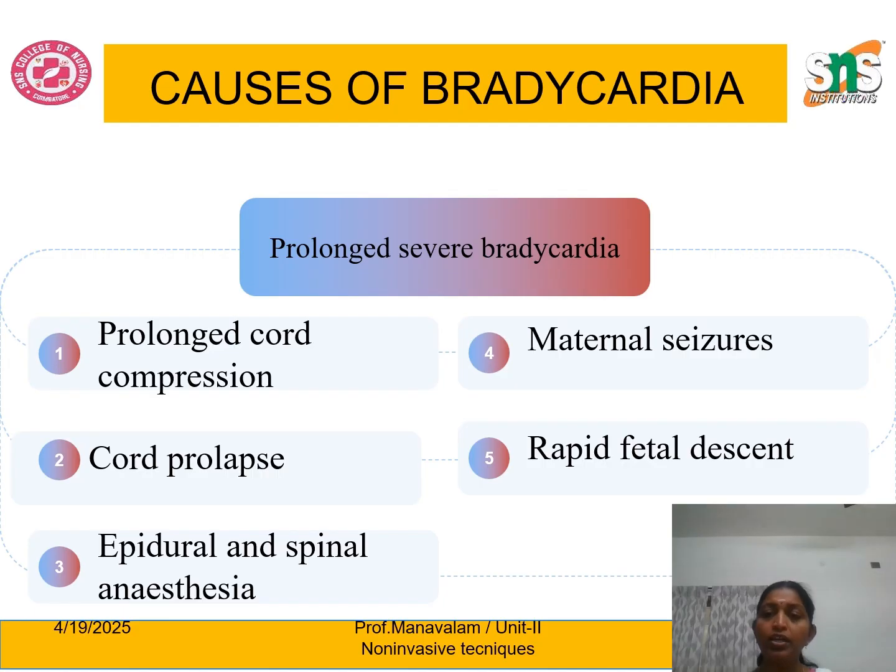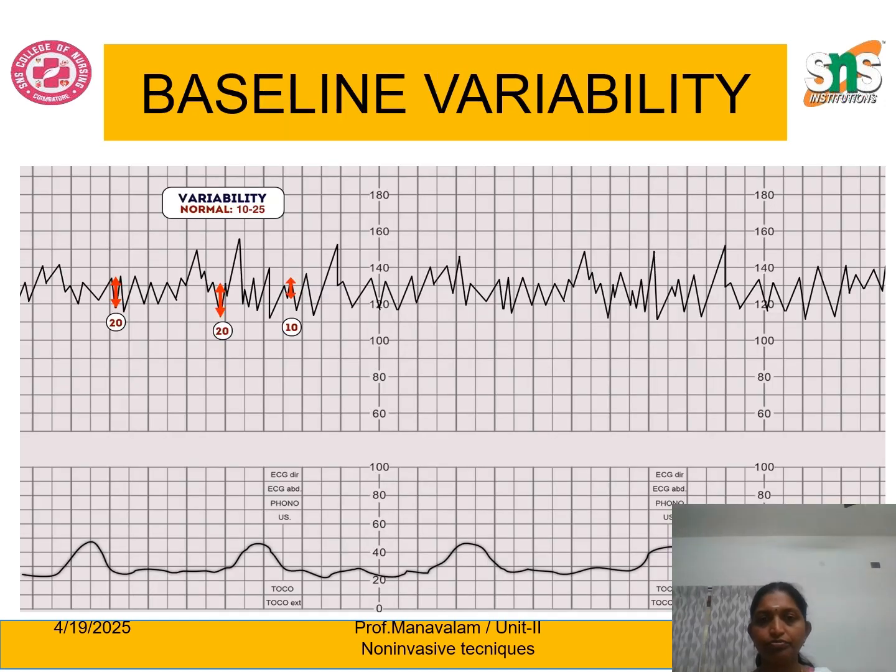Descent means the fetal head is coming down into the lower uterine cavity, or entering the pelvic brim. In that condition there is a change in the fetal heart rate. So that's all about the baseline changes, fetal tachycardia and bradycardia.